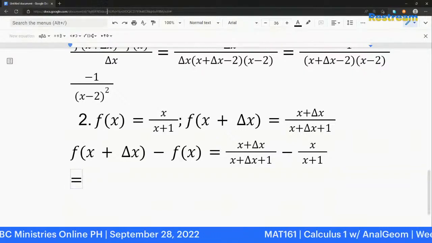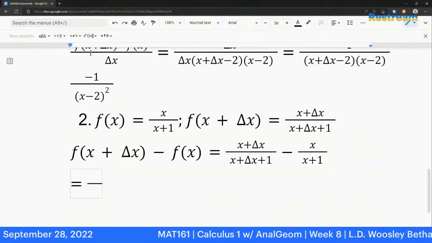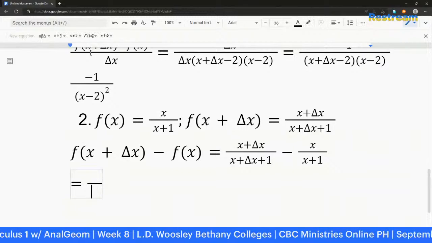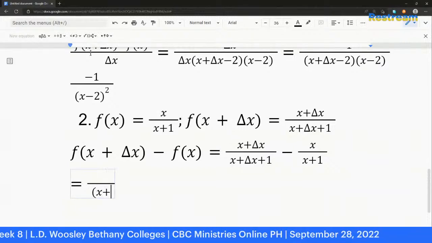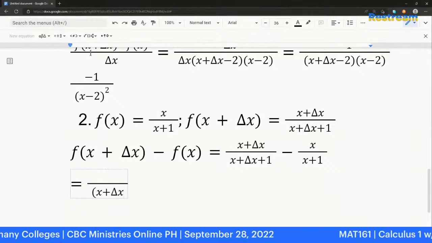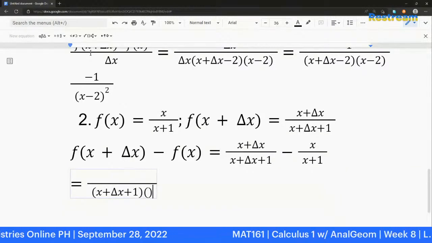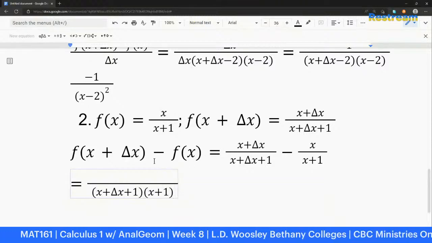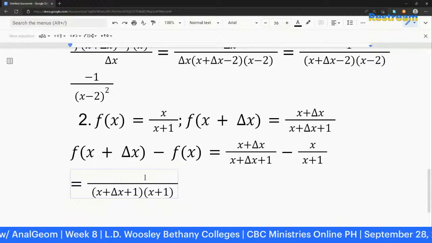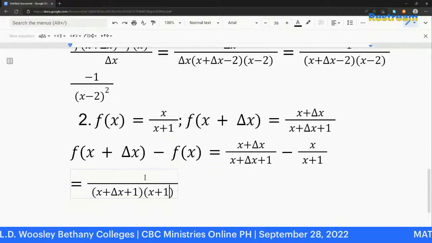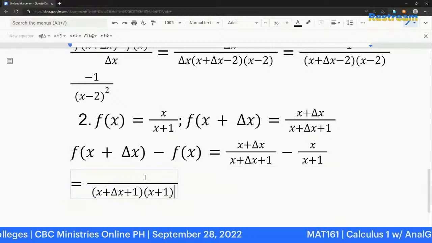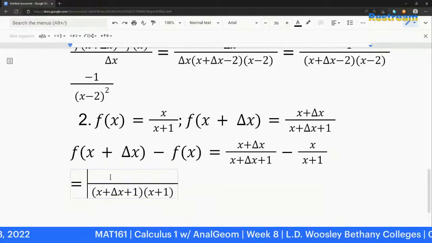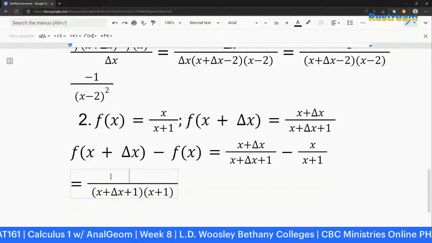So this will be a combination. Okay? Okay. So it's a combination, no?